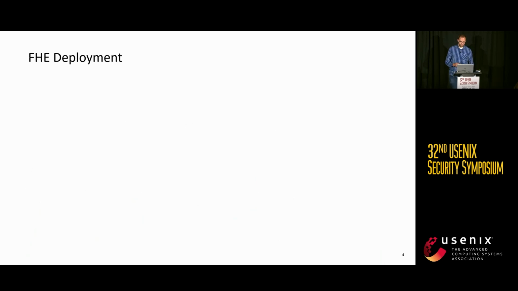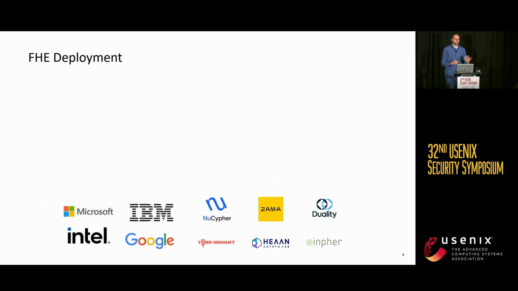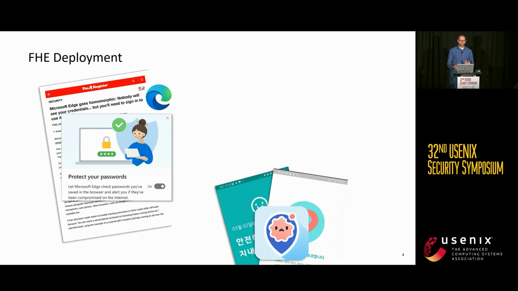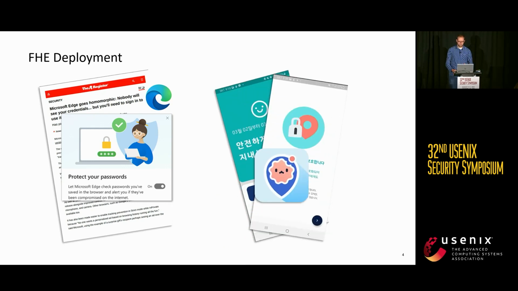And so thanks to the work of a variety of academic, industry, and both large and smaller startup players, we are now working on making FHE even more efficient and expanding the range of possible applications. As a result of that, we've already seen a first wave of high-profile real-world deployments. For example, the password monitoring service in Microsoft Edge, or the Korean COVID contact tracing application.